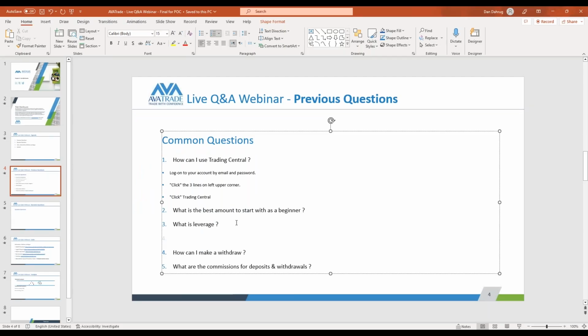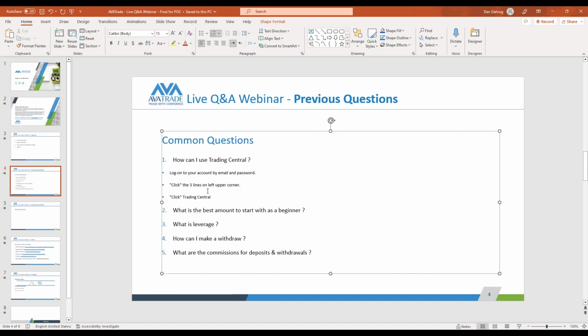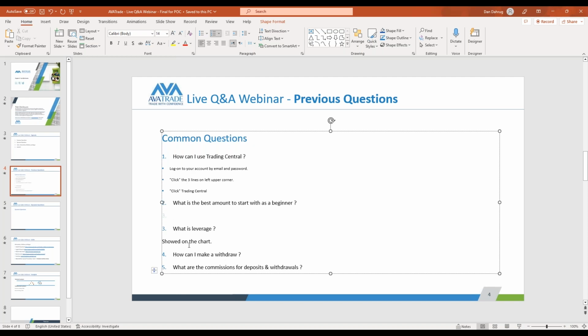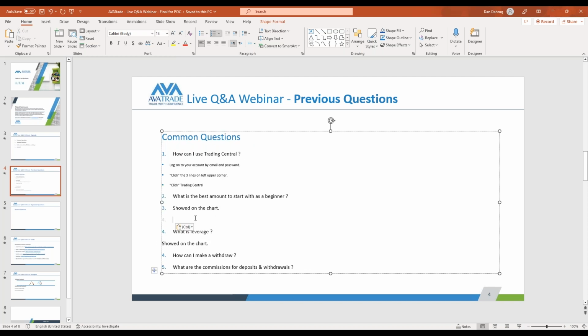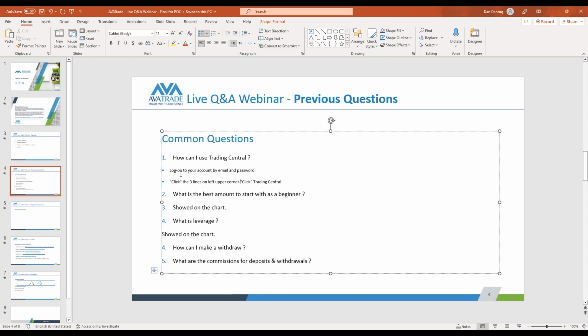What is leverage? We're going to put your show on the chart. Can I actually take this guy? No, it will not work. Never mind. So, show on the chart. Okay. What is the best amount as a beginner? Practically, we don't have a defined number. We understood that it depends on the margin level and some other things.